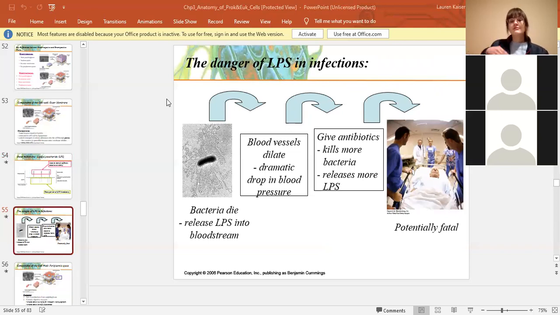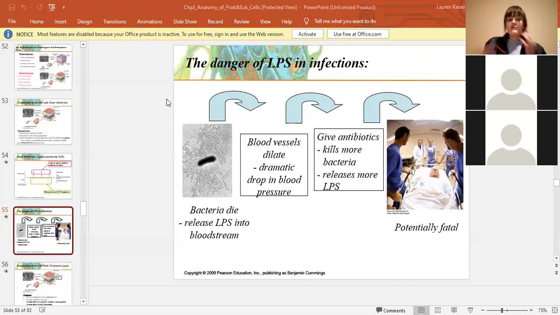To clarify, toxic shock is what happens when a foreign body or something stays there for too long, and our blood vessels dilate, and we have a dramatic drop in blood pressure. That's just shock in general. And you can add prefixes to that to change where it derives from. But for the sake of LPS, it causes shock.